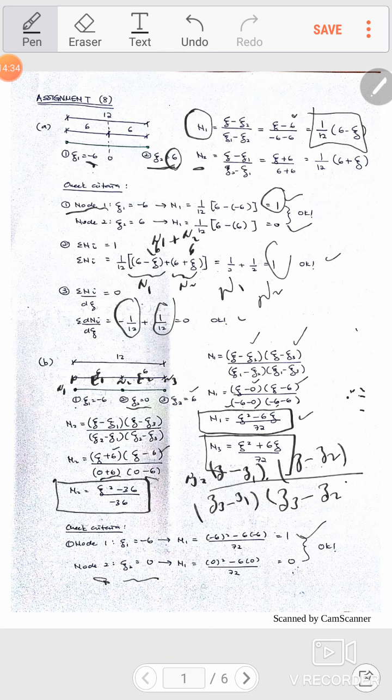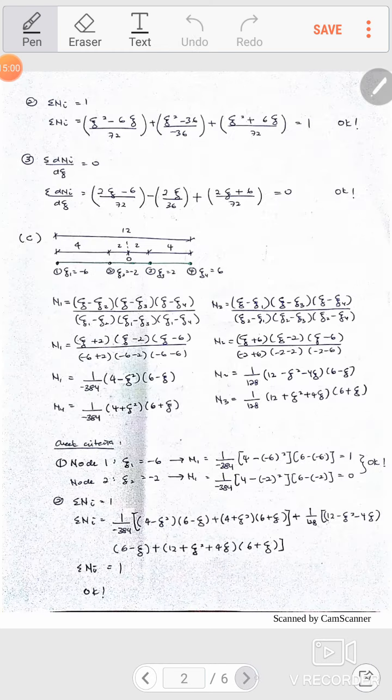Just substitute 0 in the node number 1. That means, since I'm working on node number 1, you should try to substitute all values of zeta: zeta 1, zeta 2, zeta 3. Here we have 3 values of zeta, so just substitute in the node number 1.